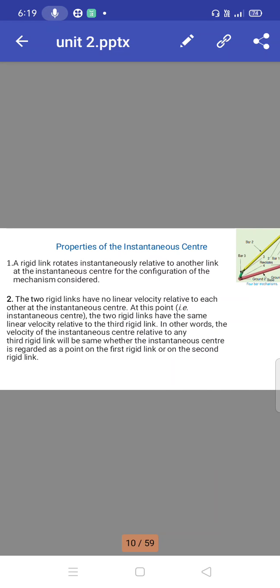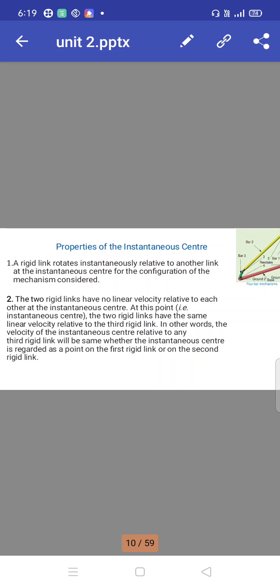Then the properties of the instantaneous center. A rigid link rotates instantaneously relative to another link at the instantaneous center for the configuration of the mechanism considered. The two rigid links have no linear velocity relative to each other at the instantaneous center.